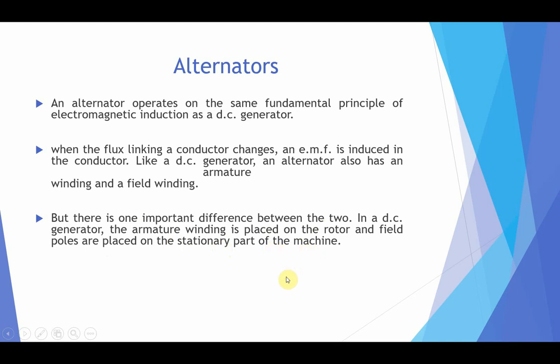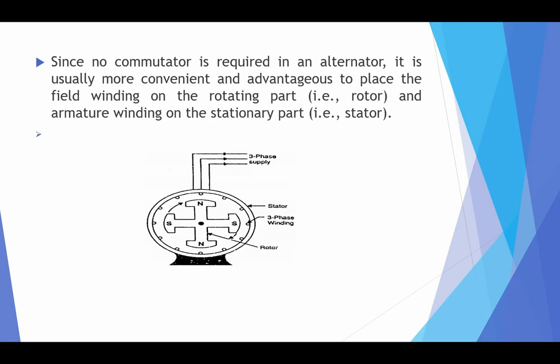Fields are stationary and armature is on the rotor, so it rotates. In an alternator, we have the opposite of the DC generator, that is, it has field winding on the rotating part and armature winding on the stationary part.